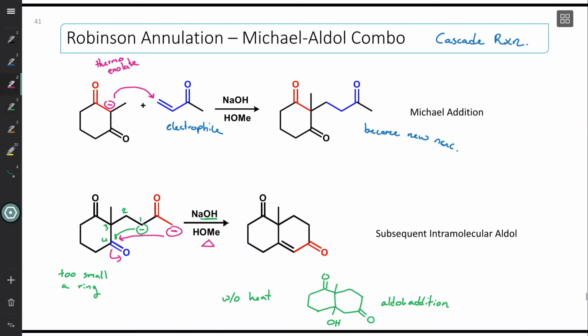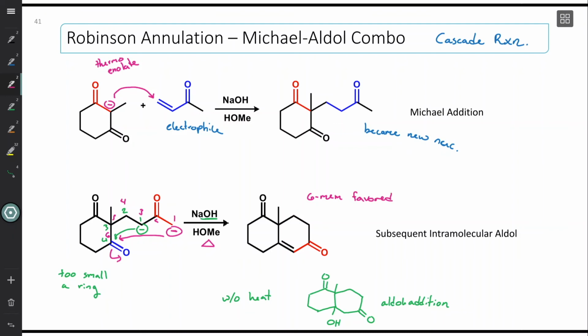And so this would revert back, and eventually you would make the other enolate, and that would form a more stable ring, because this is 1, 2, 3, 4, 5, 6, right? And that's the 6-membered ring that's formed.